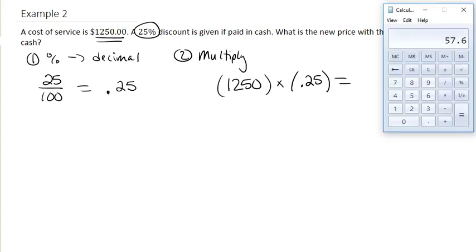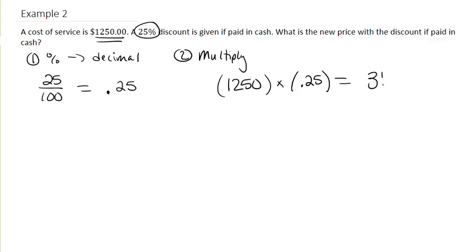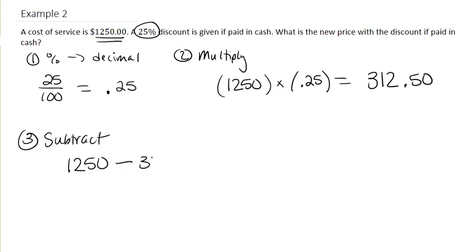So we'll get our calculators out. And we get 312.50. And then the last step is to subtract. So we're going to take the 1,250 minus 312.50.